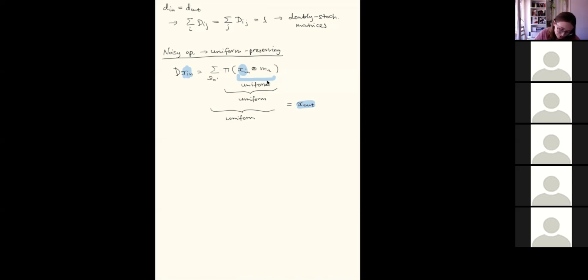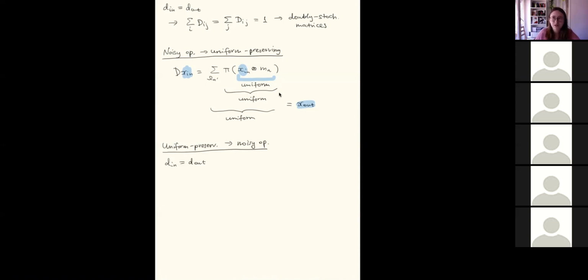Perfect. So now the other direction, which is a bit more tricky. Suppose that we are given a uniform preserving operation, and we want to see if it's a noisy operation. First, we'll start with considering an easier case: when the dimensions of the input and the output are the same.